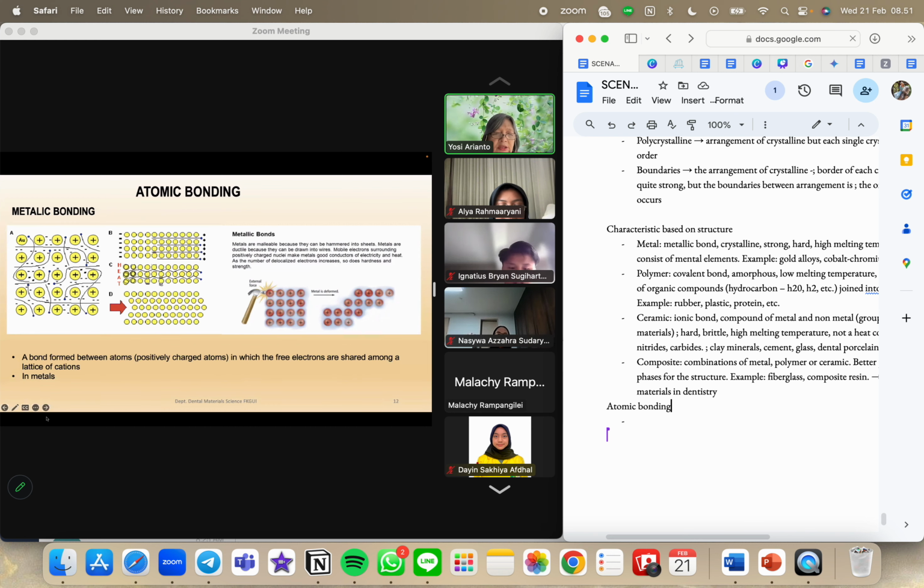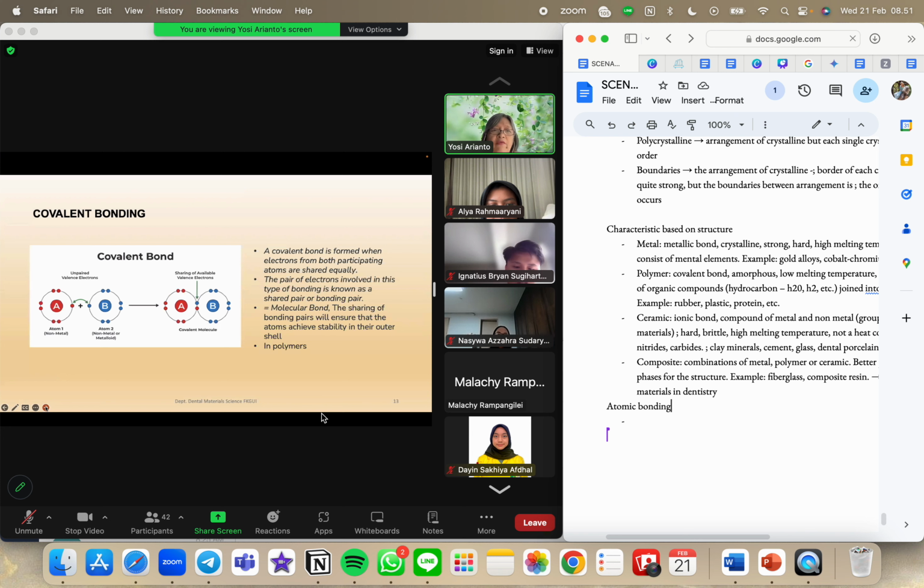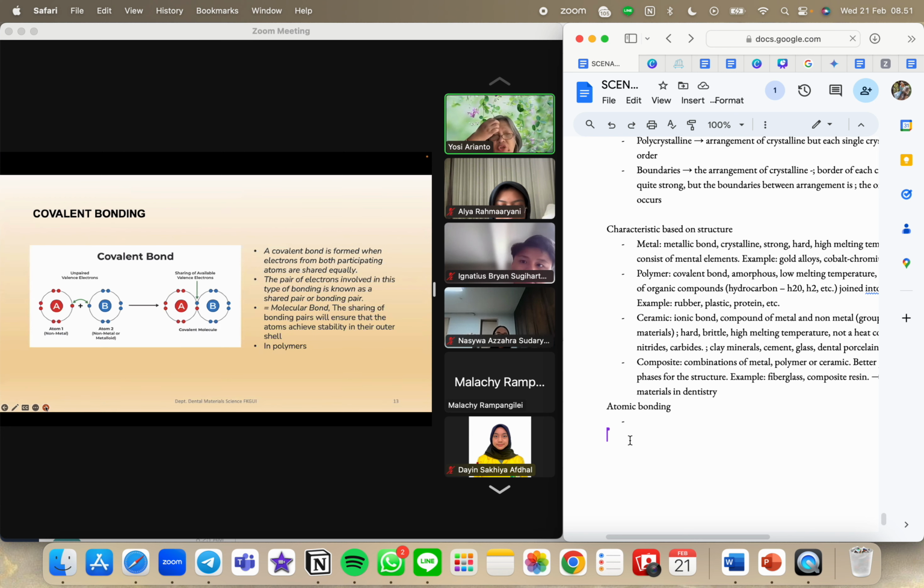Okay, next is the covalent bond. This is also a shared atom, because like this, in the covalent bond, electrons will be shared. The molecules will be more stable. Electrons from both participating atoms are shared equally.